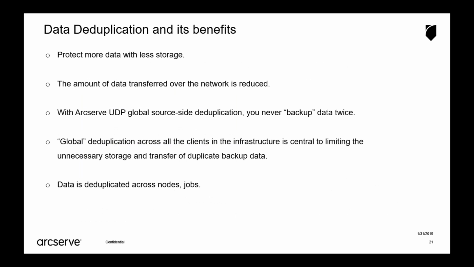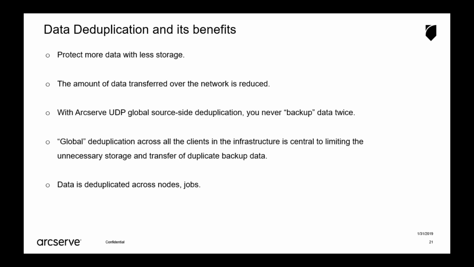Now let's talk about data deduplication and its benefits. With deduplication and compression, we are saving a lot of disk space, which means there is a possibility of protecting more machines or more data. While doing the backup, UDP is sending only the unique blocks, so we are saving the amount of data traveling through the network.